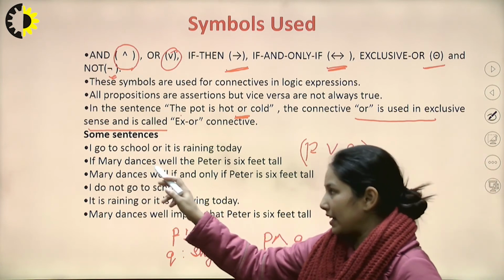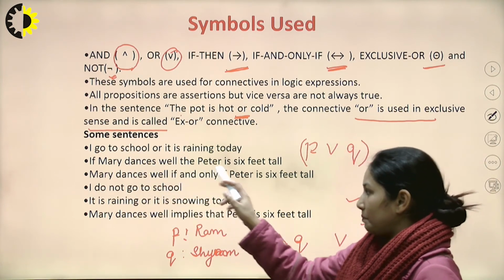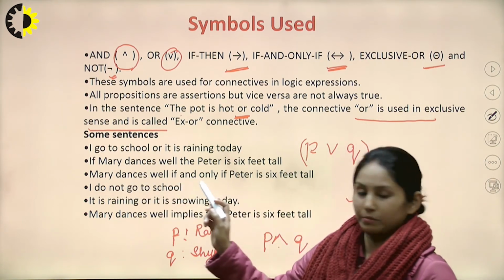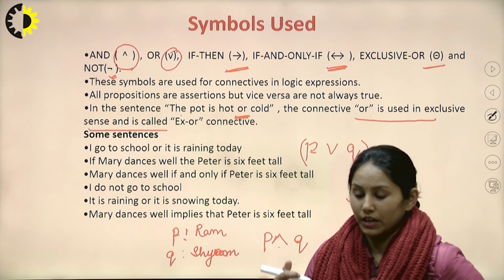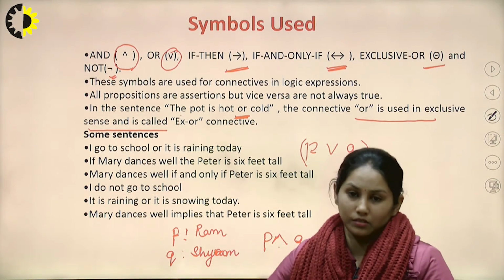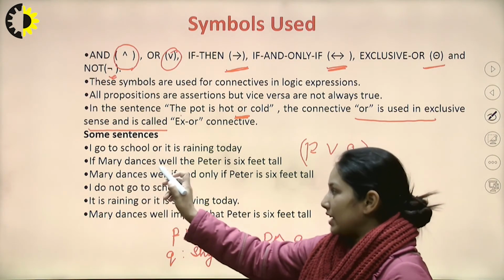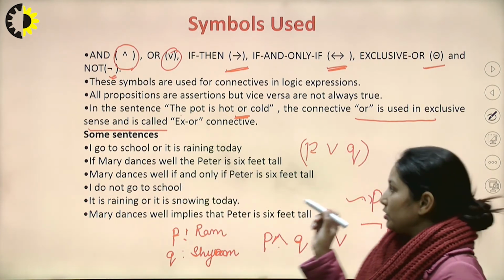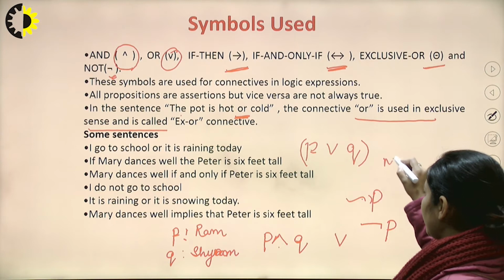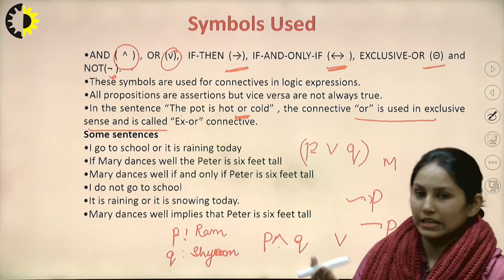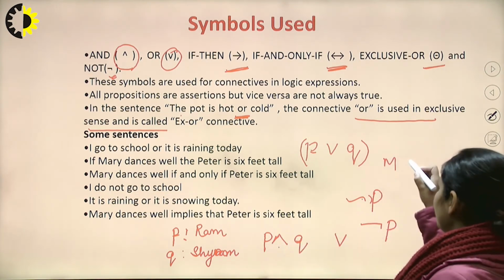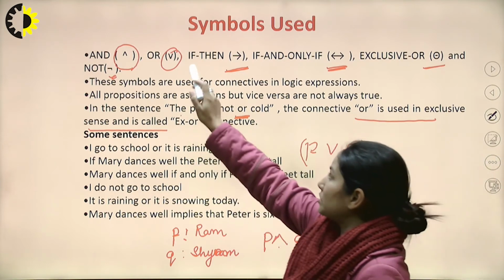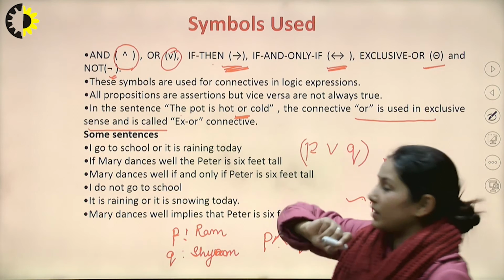If Mary dances well, then Peter is 6 feet tall. So this is an if-then statement. It is like you are saying if this is, then this is going to happen. So if Mary dances well, then only Peter is 6 feet tall. If M is representing Mary dances well, then the symbol we will use here is if-then. For if-then we are using this symbol.